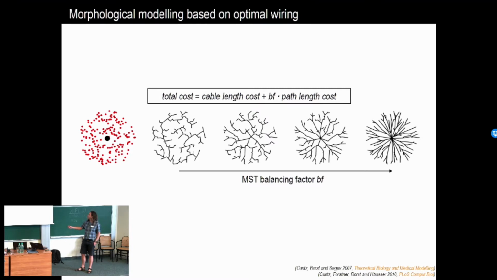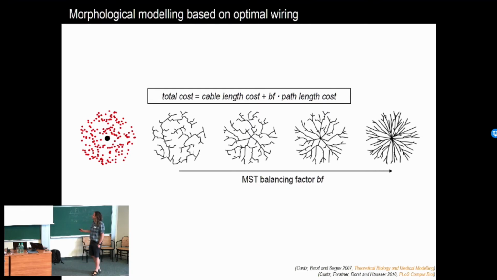So in order to reproduce dendritic trees, we had to add a second cost on top of this cable length cost, which is the path length cost, or the conduction time cost, the first law of Cajal. That forces these paths to be as short as possible, with one parameter that balances these two costs. Is this clear?